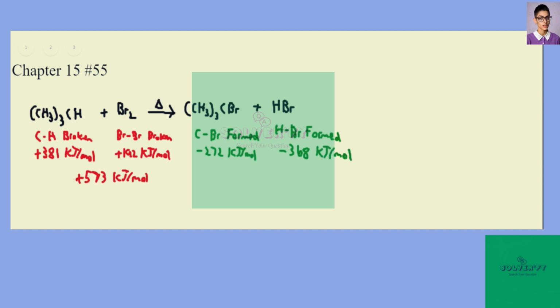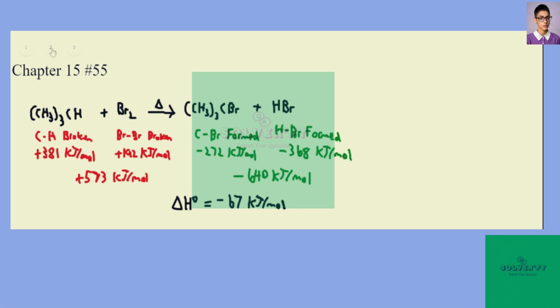Our total energy released on the right side is going to be negative 640 kilojoules per mole. When we add those values together, the delta H naught for this reaction is going to be negative 67 kilojoules per mole. So this is an exothermic reaction.